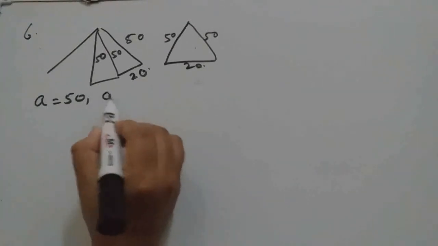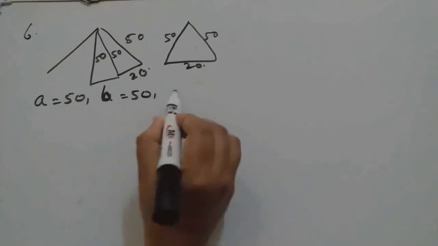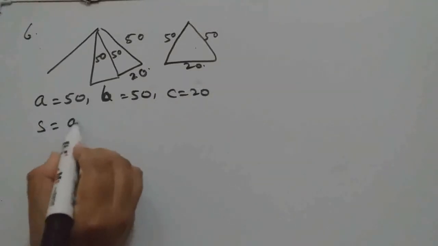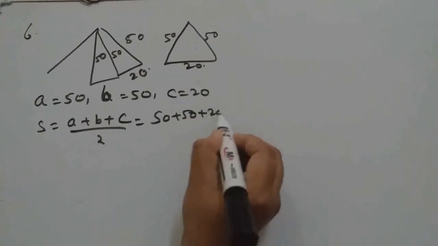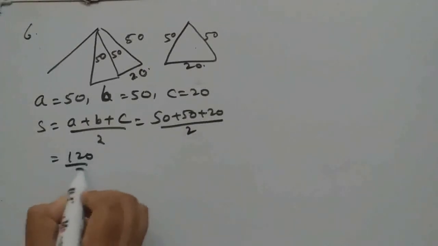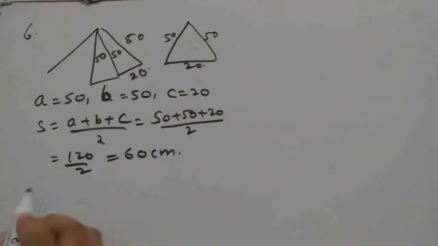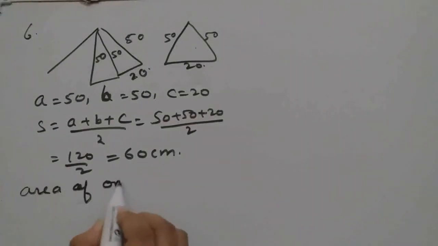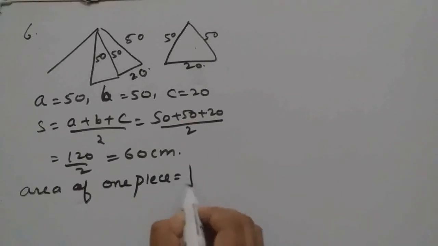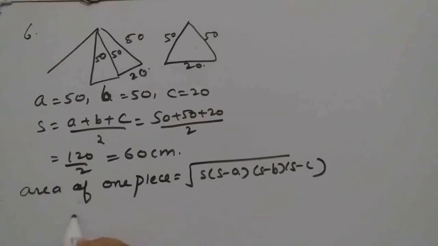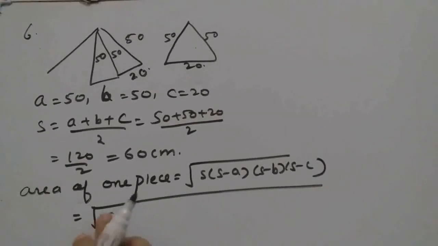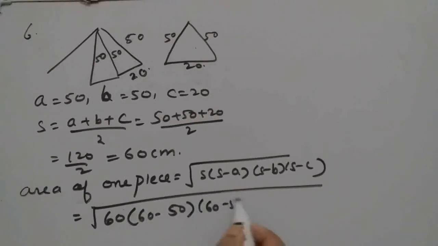So A is 50, B is 50 and C is 20. So S is A plus B plus C by 2. 50 plus 50 plus 20 by 2. So 120 by 2 means 60. Okay. So area of one piece we can say, given by formula root of S into S minus A, S minus B, S minus C. So 60 minus 50, 60 minus 50, 60 minus 20.